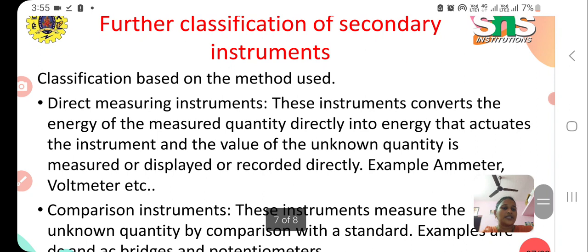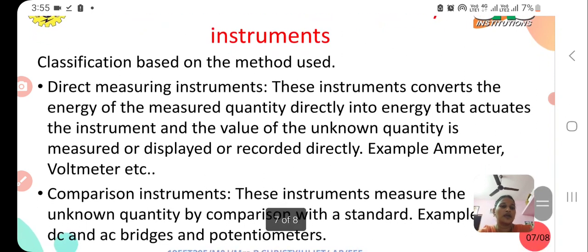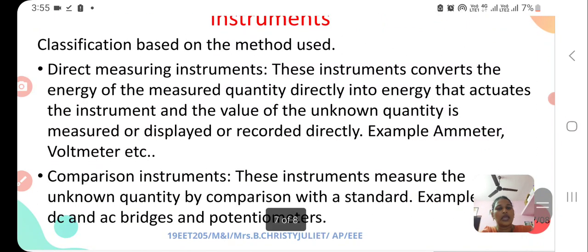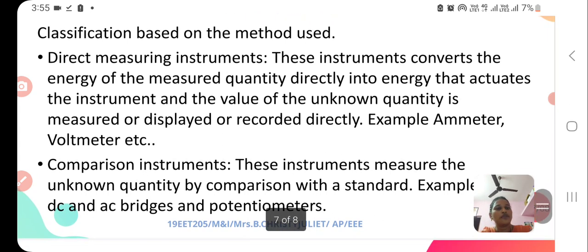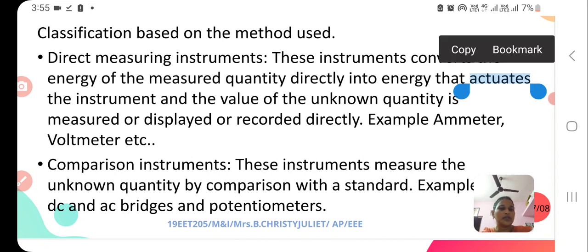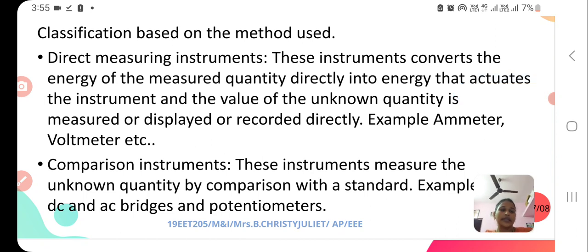Again, a further classification of secondary instruments is based on the methods used. If we perform a direct measurement, it is a direct measuring instrument. If we perform an indirect method of measurement, then it is called a comparison instrument. For example, ammeters and voltmeters are direct measuring instruments, because they convert the measured quantity directly into an equivalent energy, and the output is displayed or recorded directly.